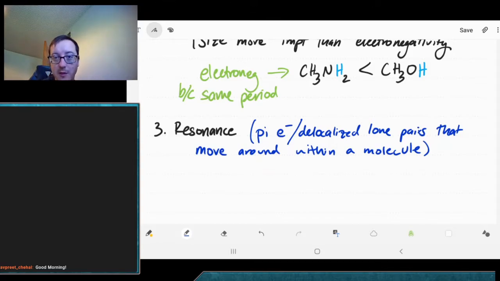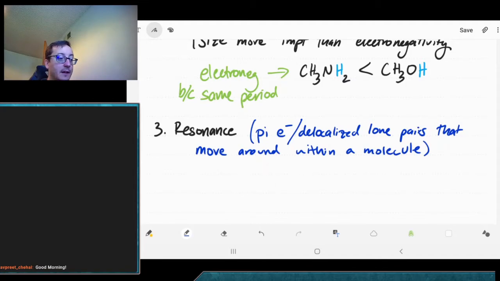So we want to avoid those as well. But after you've made sure your octets are okay or you can't do anything about it, then you'll want to see if you can put your positive charges onto less electronegative atoms, like nitrogen would be a better choice than oxygen, for example.